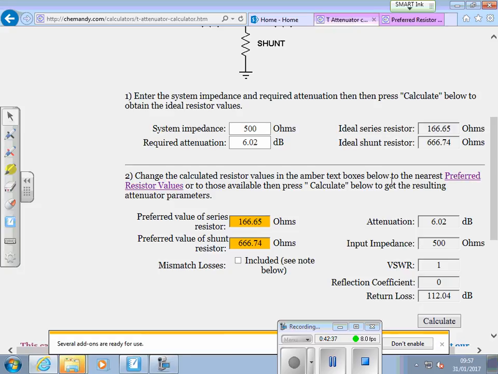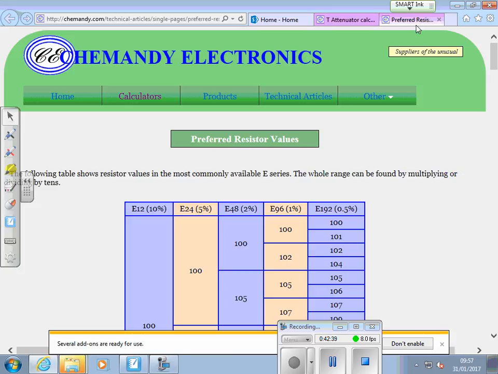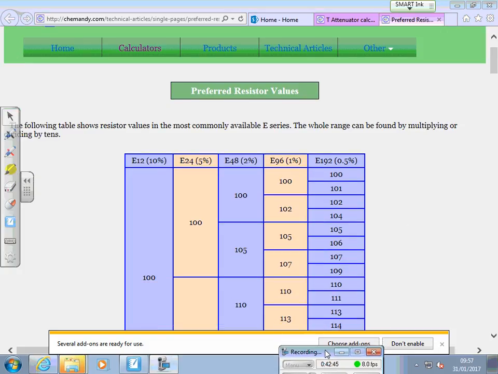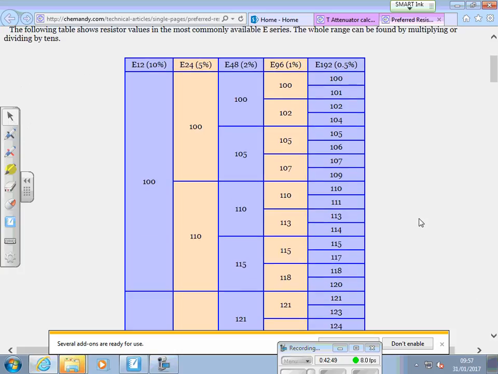If you click that with the wheel, you can get that open in a separate page. 5% size.